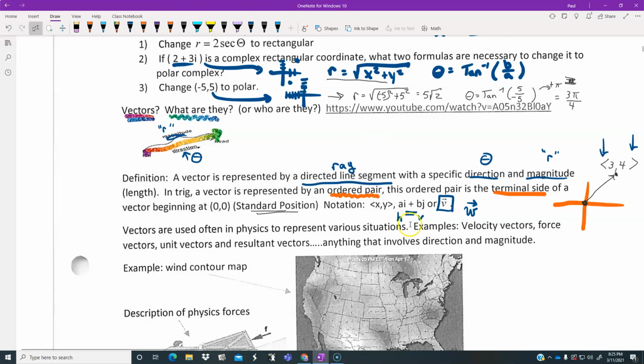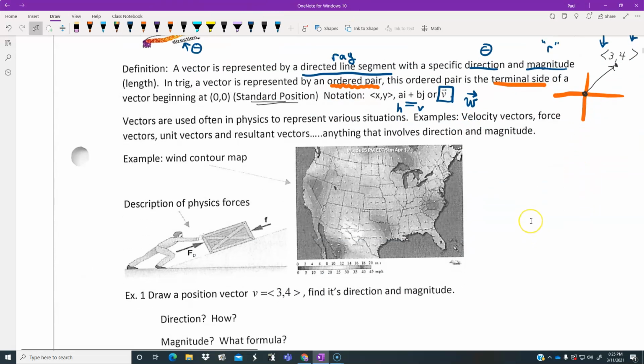Now, vectors are used very often in certain kinds of sciences. Specifically, we use them in physics a ton, because we like to try to explain how objects move. And objects don't move unless they have a direction and a magnitude. So very often we think about things like velocity vectors. You're riding on a roller coaster.